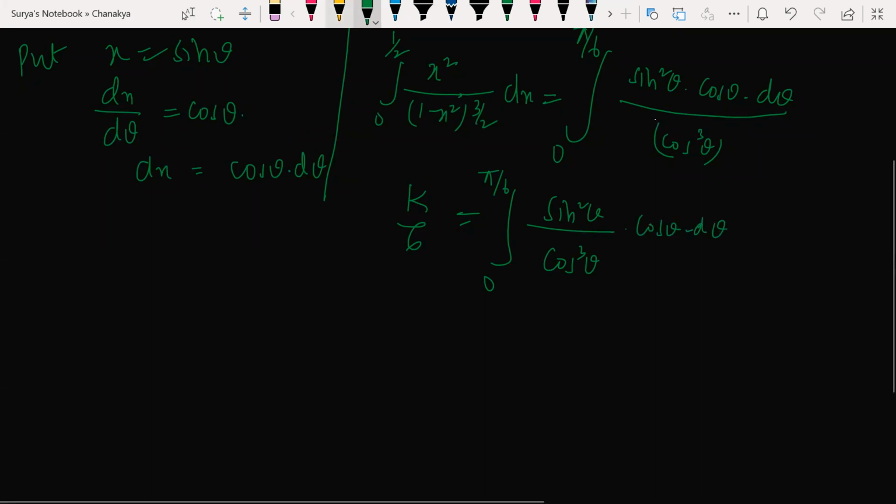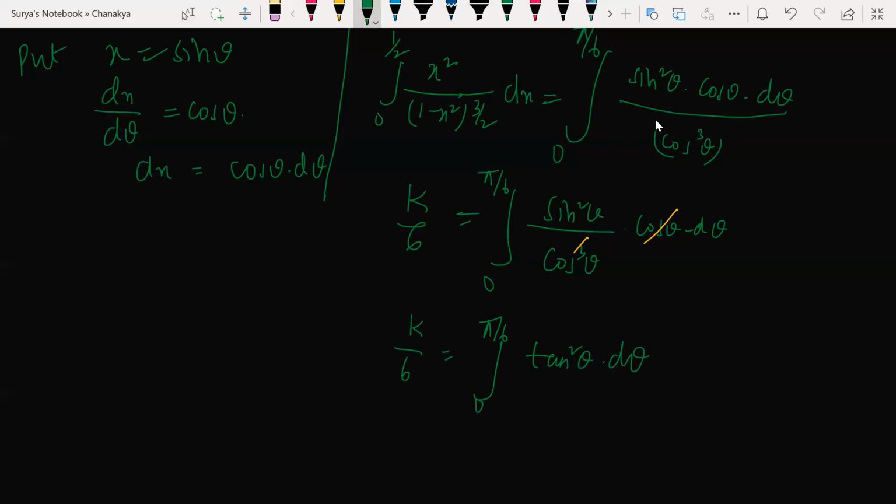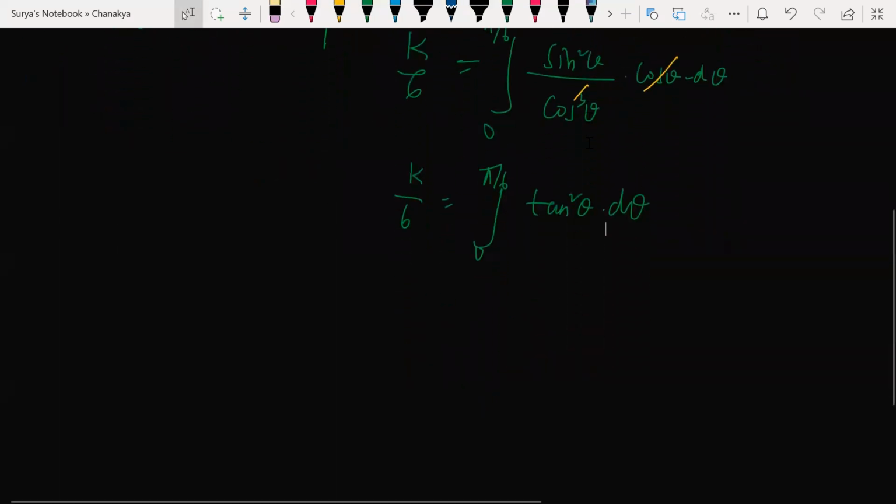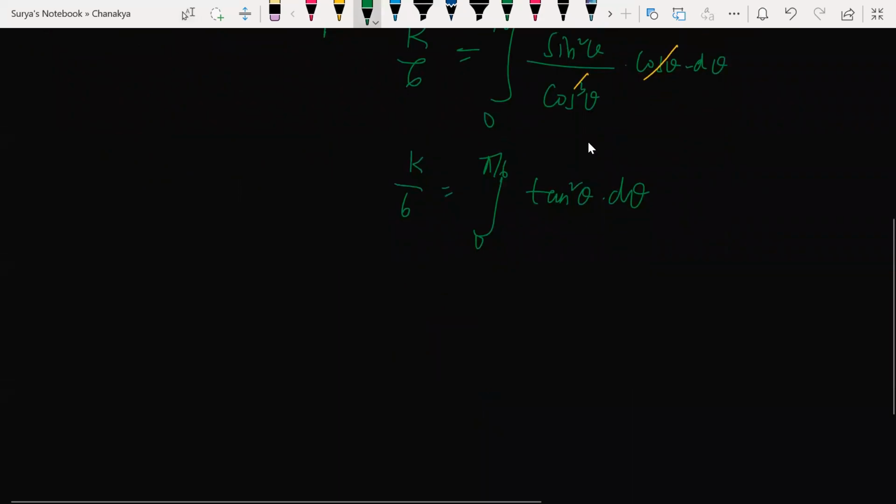Now if you observe this properly, one cos theta will get cancelled. So k by 6 is equal to the integral from 0 to pi by 6 of tan square theta d theta. The tan square theta formula we don't have, so I'll write secant square theta minus 1. So the integral from 0 to pi by 6 of (secant square theta minus 1) d theta.